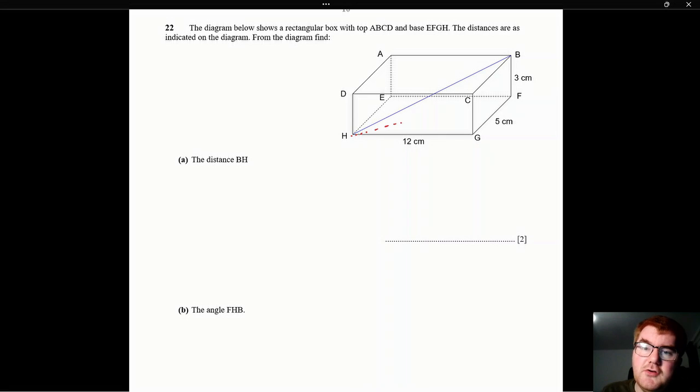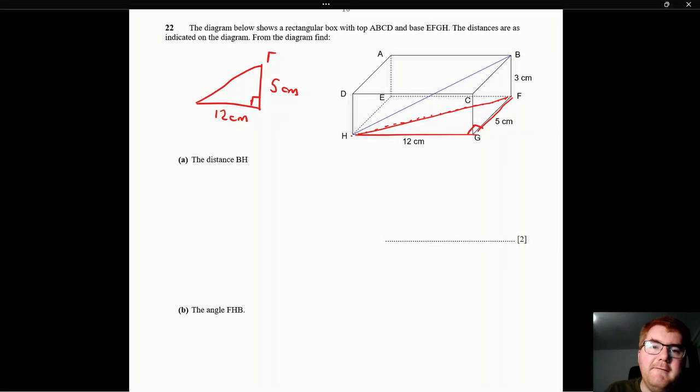So notice I can join H up with F here. So we have a right angle triangle of the base of our rectangle. So if we draw this out separately, we essentially have a right angle triangle with 5 centimeters and 12 centimeters, and we need to work out FH here, so this length here.